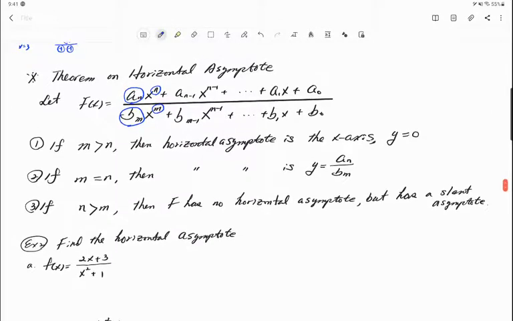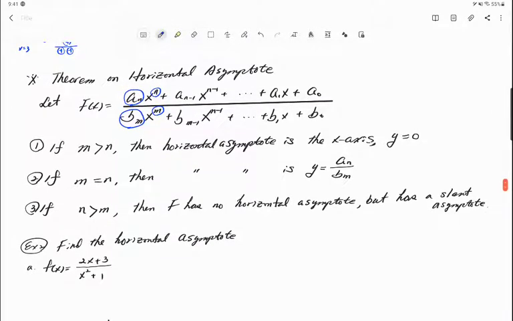So look at this. Do you remember y equals 1 over x? In this case, the degree of the denominator is 1 and the numerator's is 0, right? So the graph looks like this, and this is the horizontal asymptote.